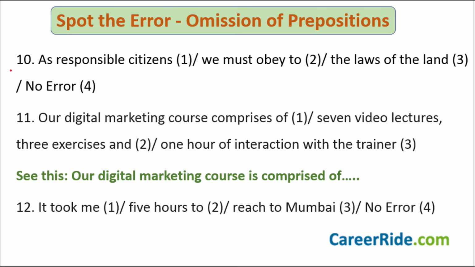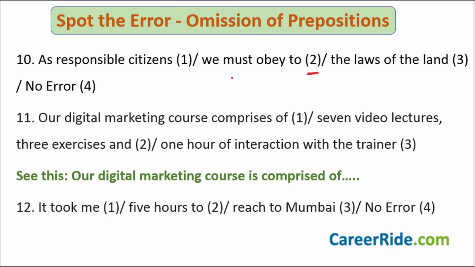Sentence number 10, as responsible citizens we must obey to the laws of the land, and the fourth part says no error. So let's read the sentence again. As responsible citizens, we must obey to the laws of the land. Where do you think the error is? The error is actually in the second part of the sentence here.